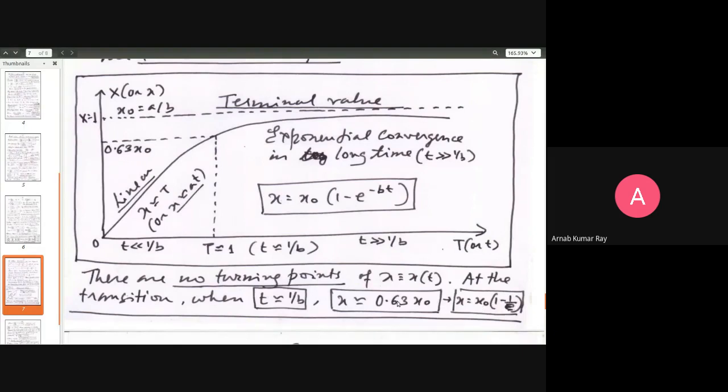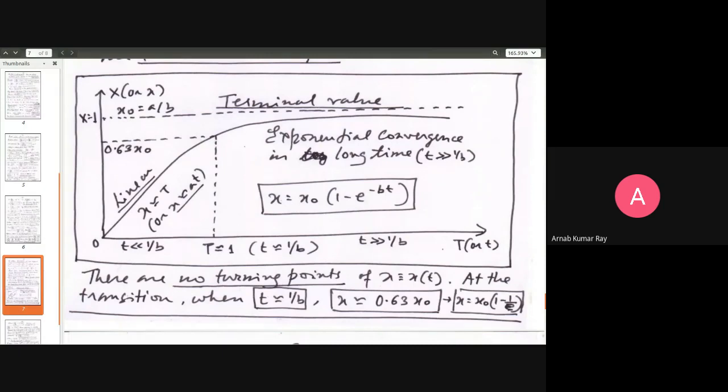And so that will be about, if x naught is the limiting terminal value, roughly 0.63 of x naught, or 63% of x naught, will be the phase where the system will grow quite rapidly and then it will saturate.